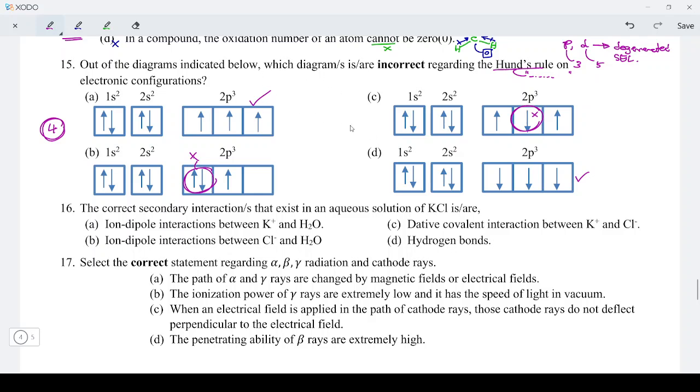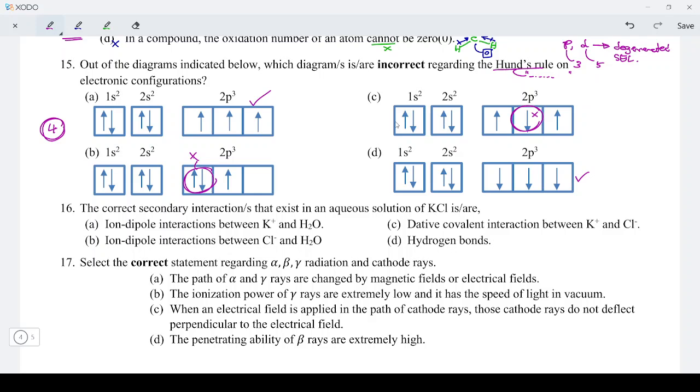Right, so s orbitals are not degenerate, so therefore Hund's rule is not applied for that. Okay, right. And in your A-level exam paper, the 2024 paper, they checked Hund's rule together with the Aufbau principle. The Aufbau principle says electrons are first filled in the ascending order of the energy of the sub-energy level, which means you have to fill 1s and 2s first before filling 2p. That's the thing.